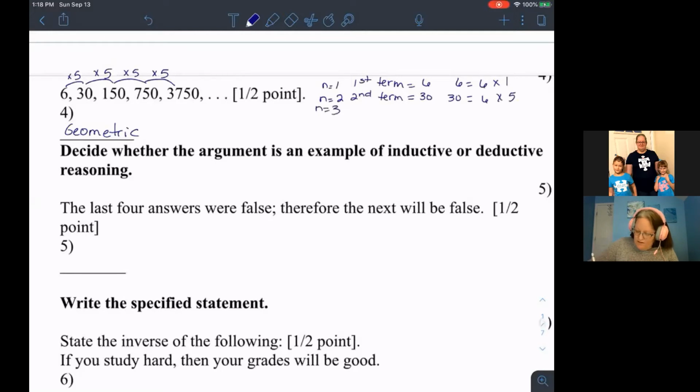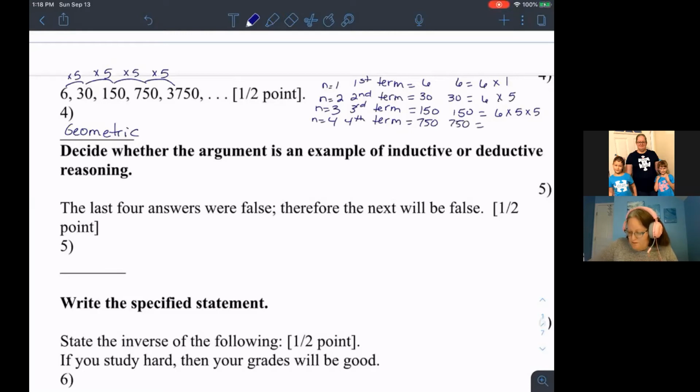Our third term is equal to 150. So 150 is equal to 6 times 5 times 5 again. And then n equals 4. The fourth term is equal to 750.